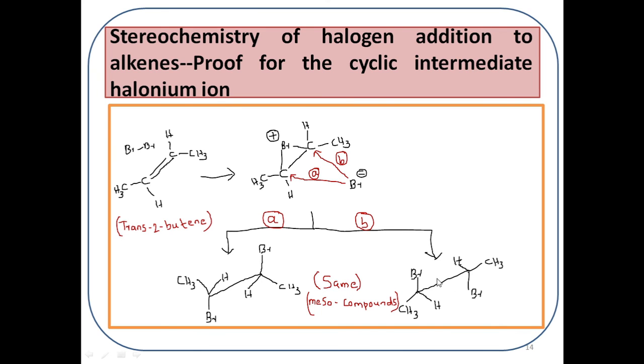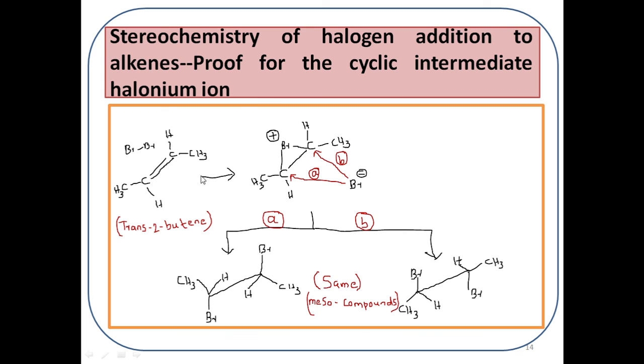They are optically inactive due to internal compensation, as we can see a plane of symmetry for this compound. Such compounds are termed meso compounds. So trans-2-butene will give only the meso compound.